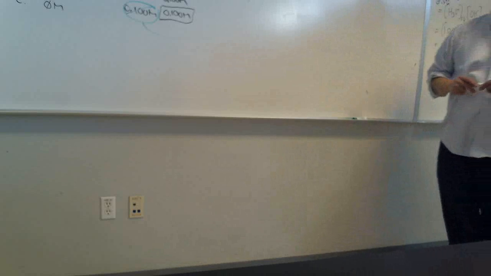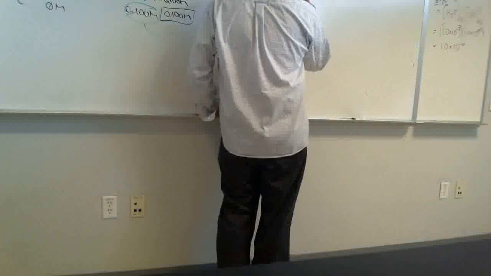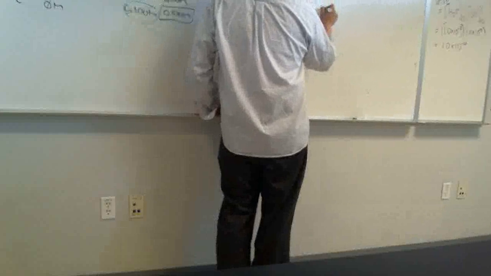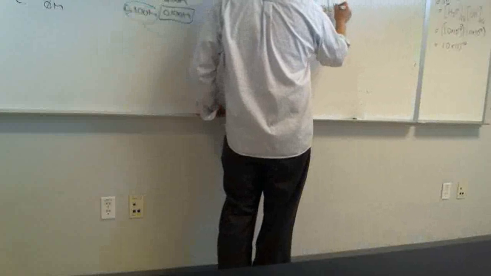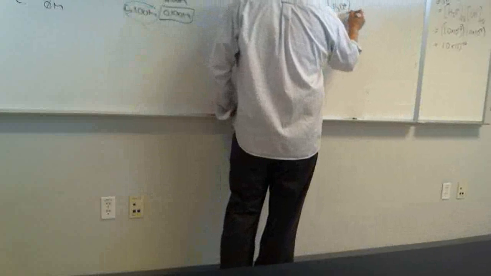Now, if we're interested in pH, pH equals the negative log of the total hydronium in solution. It doesn't matter what the source of hydronium is. The pH doesn't care if that hydronium came from water or if it came from HCl.